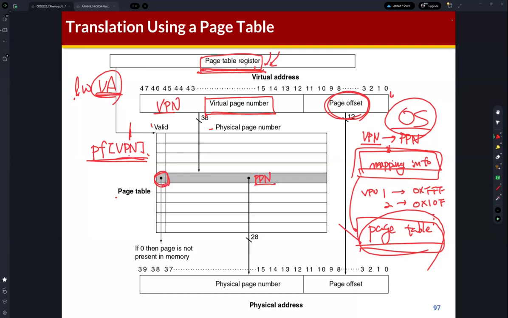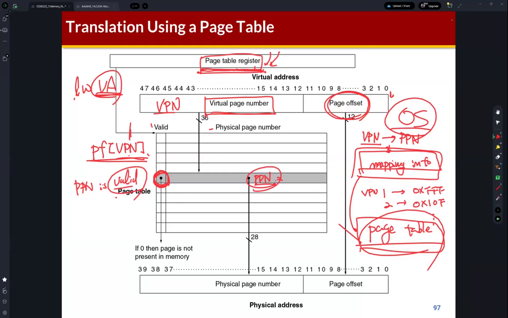The valid bit represents whether this physical page number is valid or not. If it is valid, it means the page exists in main memory, because the PPN is valid.